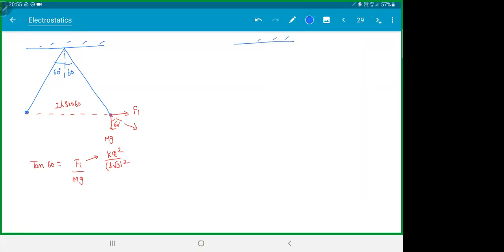In the second case, the distance also changed. Be careful, because this angle became 30 and 30. Now, if you look at the forces, this will be F2, this will be the buoyant force, this will be mg, and this angle will be 30. This distance is 2L sine 30, and sine 30 is half.